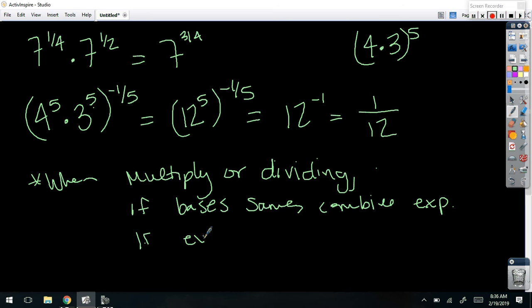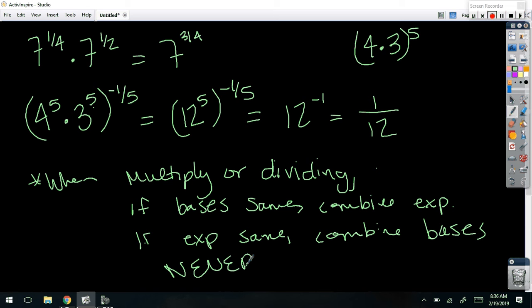But if the exponents are the same, combine the bases. Never both.